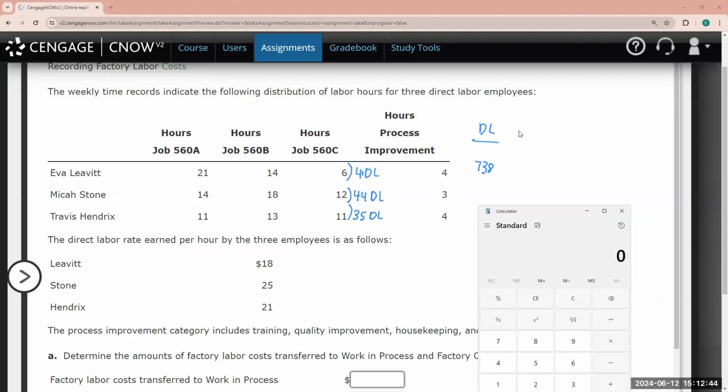So factory overhead, which is the 4 hours we see here, 3 hours for Micah and 4 hours for Travis. So we'll calculate it for each. So for Eva, it's 4 hours at $18 an hour. That gives us a total of 72.